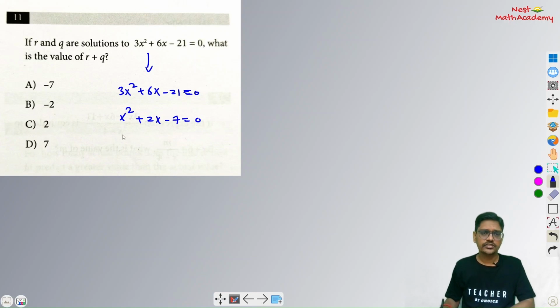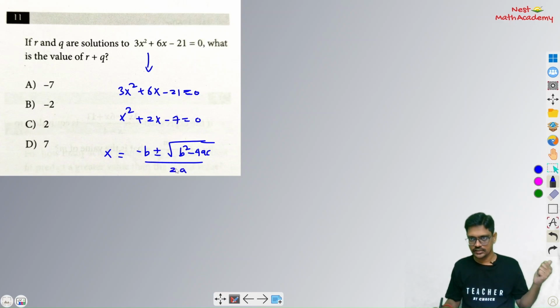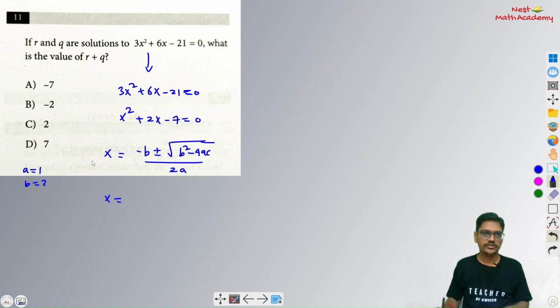If you are supposed to solve for x, factorization is not possible, so I think here we use the quadratic formula. If you remember, minus b plus minus root over b square minus 4ac, over 2a. We have just used it in another question also. Comparing with the standard equation, a is equal to 1, b is equal to 2, c is minus 7.